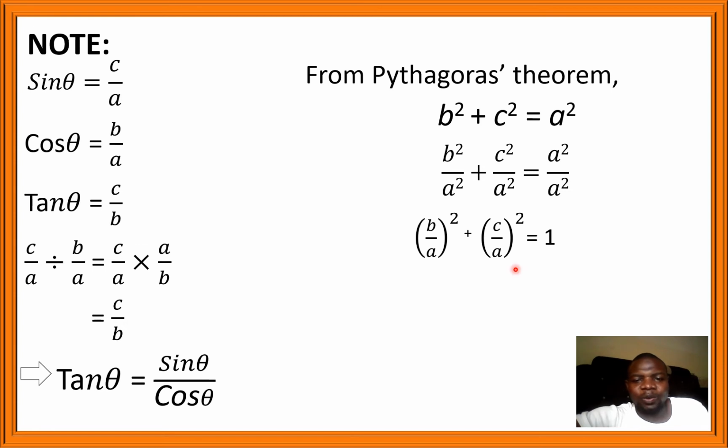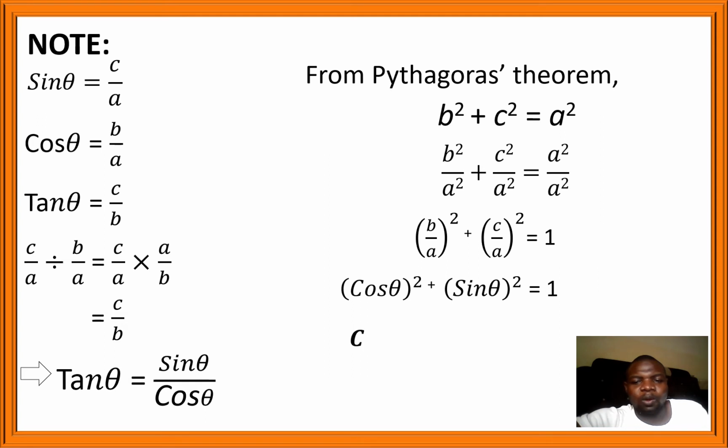But we know that b over a from here is equal to cos of theta. c over a from over there is equal to sine of theta. So in place of c over a, we'll put sine theta. In place of b over a, we'll put cos theta. So substituting, this gives us cos theta squared plus sine theta squared equal 1.